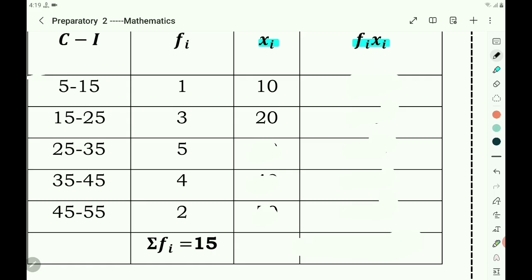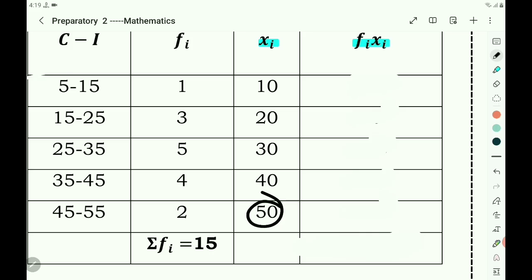Again 20 plus 10, 30. 30 plus 10, 40. 40 plus 10, 50. That is nothing but the sum of these two divided by 2. 15 plus 25 is 40, 40 by 2 is 20. 25 plus 35 is 60, 60 by 2 is 30. 35 plus 45 is 80, 80 by 2 is 40. 45 plus 55 is 100, 100 by 2 is 50.